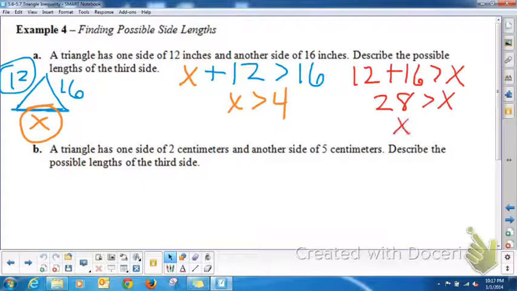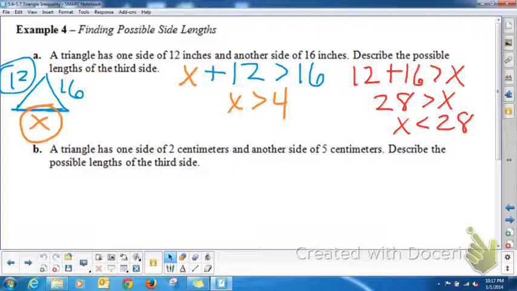So x has to be less than 28. So x can be in this range between 4 and 28. So x has to be greater than 4 and less than 28.